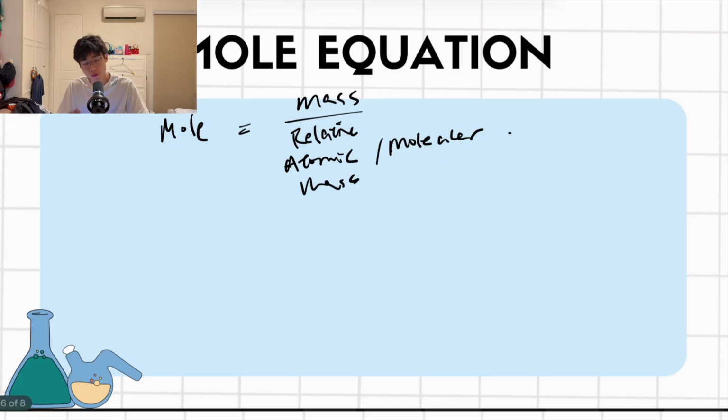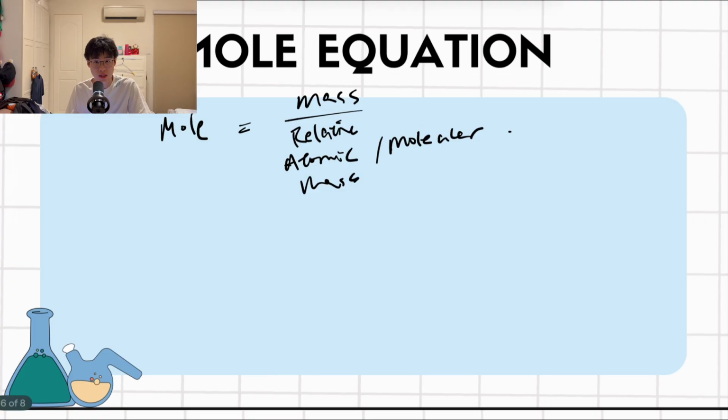And so before explaining this, I should explain a little about how the Avogadro constant arose and why it is such a specific number that scientists have chosen.